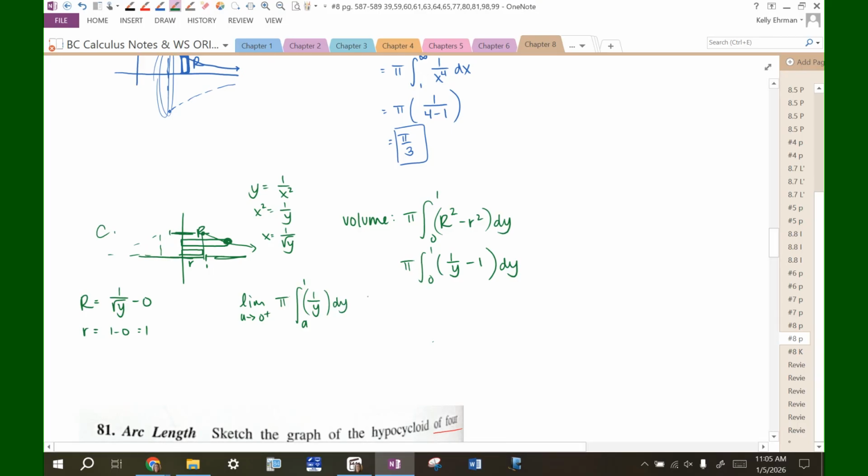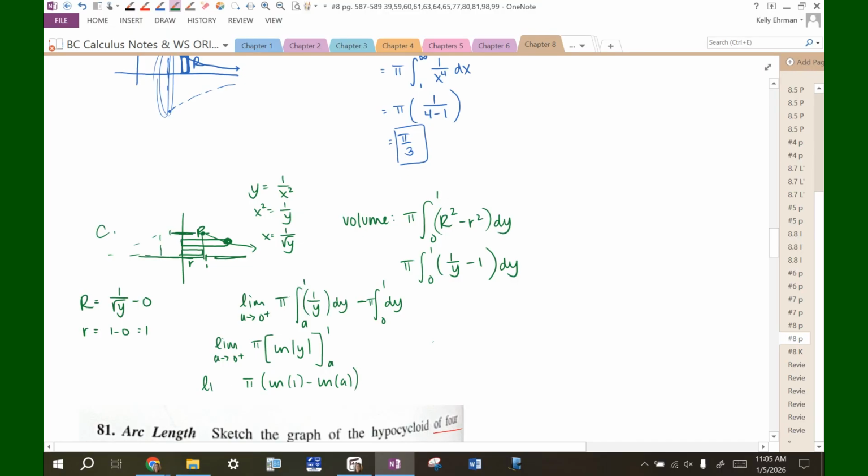I'm not sure if this matters or not. Okay, so here I definitely need the limit notation. Limit as a approaches 0 from the right of pi times, this would be ln y from a to 1. And this would be pi times ln 1 minus ln a.